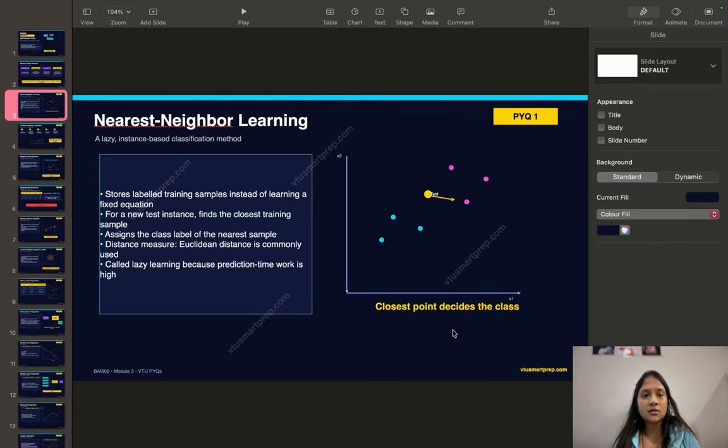So here you can just explain what is nearest neighbor learning.